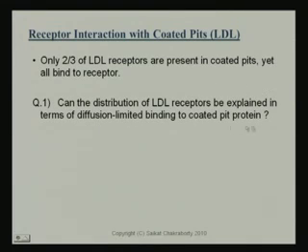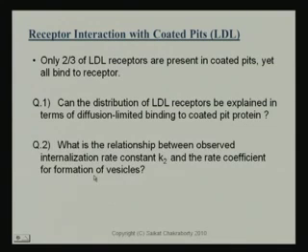A couple of questions we have here: A, can the distribution of the LDL receptors be explained in terms of diffusion limited binding to the coated pit? I discussed this a little bit, but we are going to talk about this in greater detail. And the second one is, what is the relationship between the observed internalization rate constant K2 and the rate of formation of the vesicle? So these are a couple of questions I want you to think about.